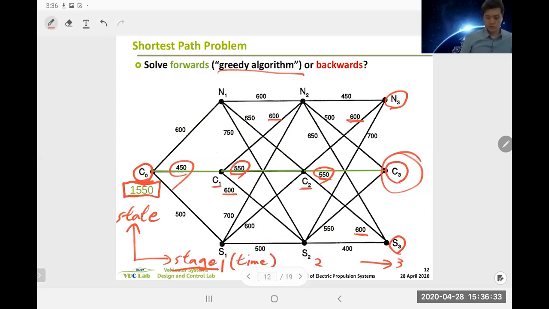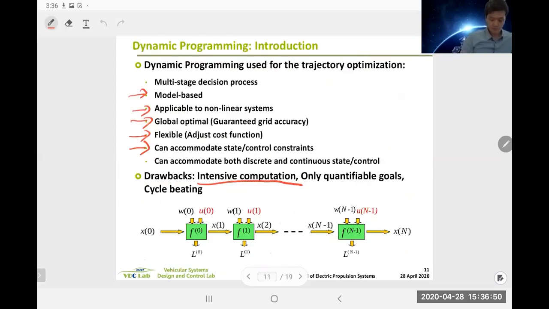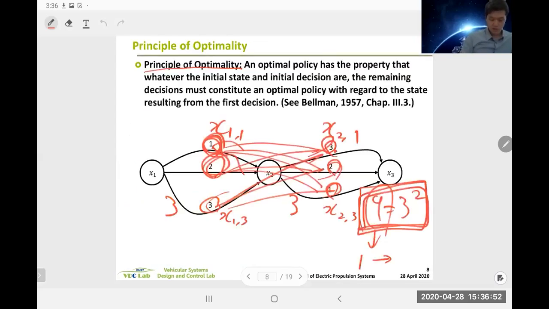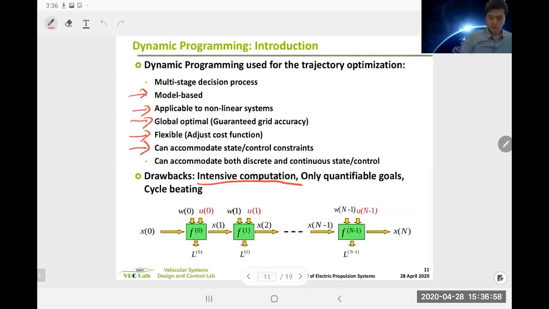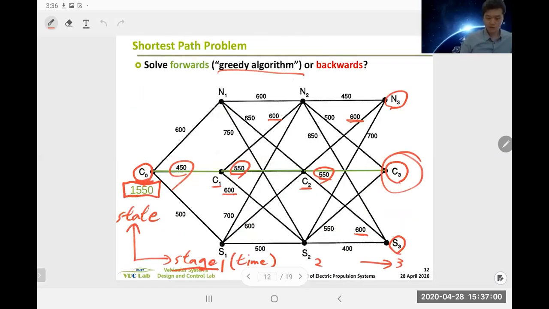So to find the global optimal solution, we need to enumerate, meaning that we need to look at all combinations, right? And how many combinations do we have here? Here we had 9 combinations, right? How many combinations do we have here?